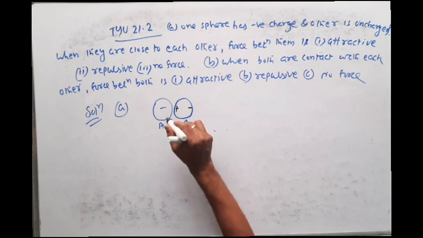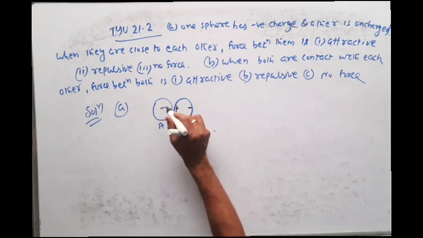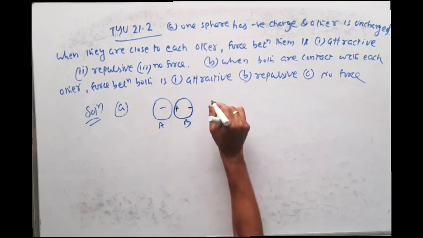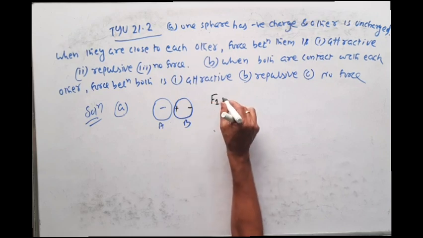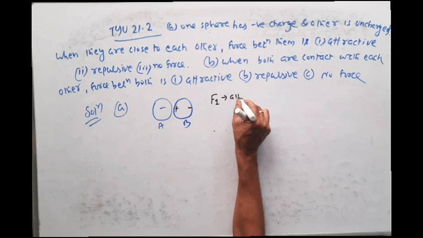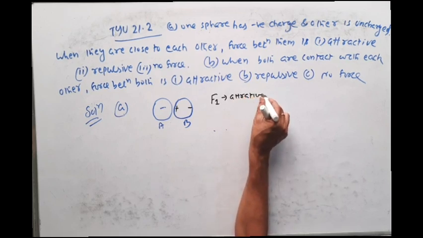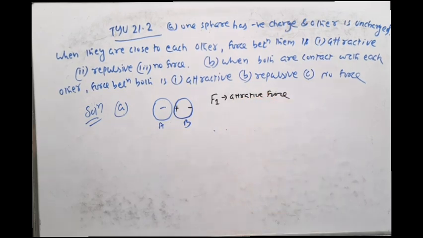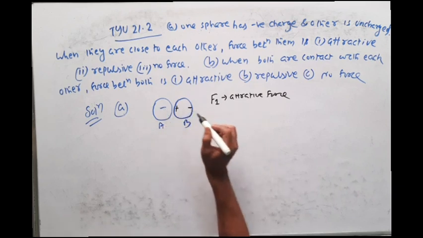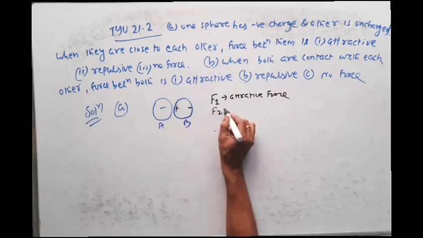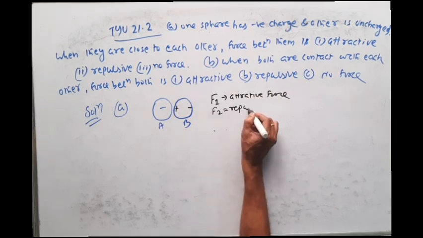Now you see, this negative charge will attract this positive charge by which force? Let us say F1. F1 is attractive force. So now this negative will repel this negative by F2 force, which is repulsive force.